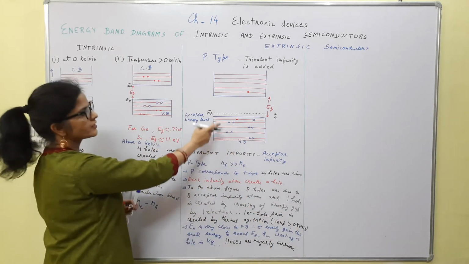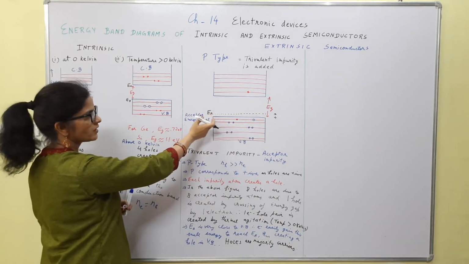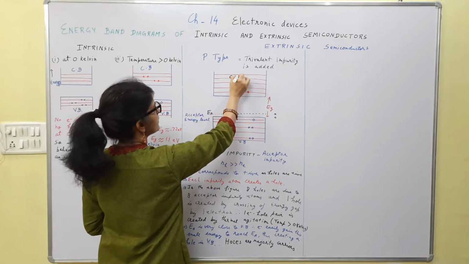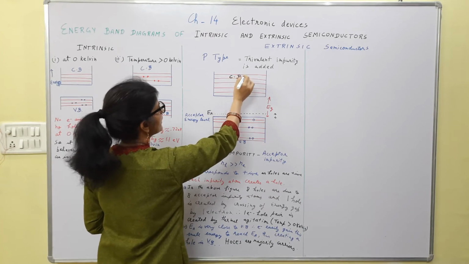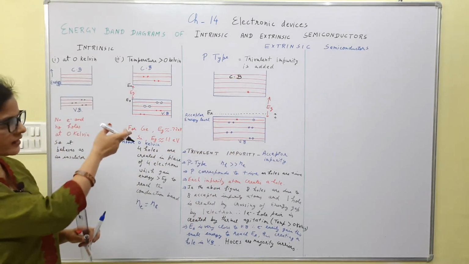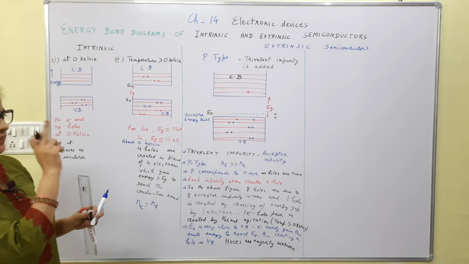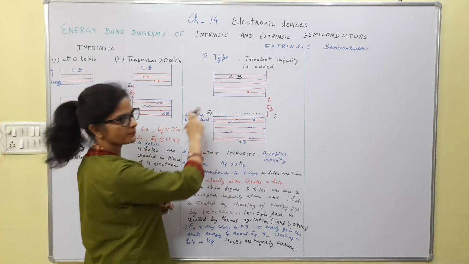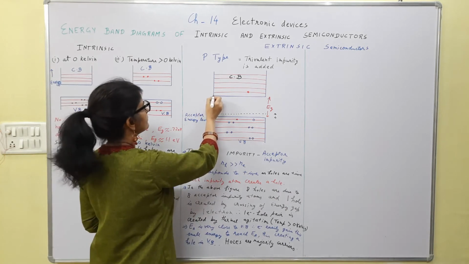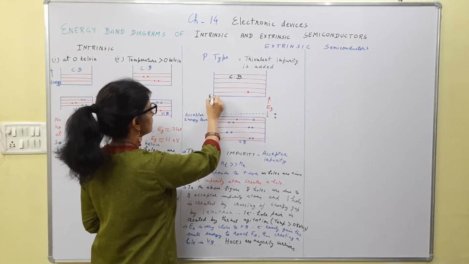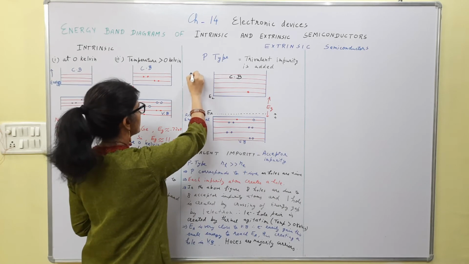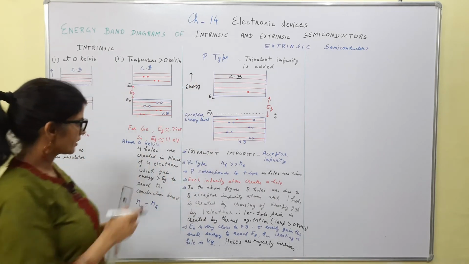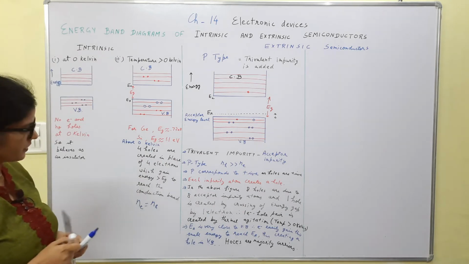Because the number of holes is easily created because this acceptor energy level is very close to the valence band, while in the conduction band only a few electrons, like in this case only one electron is there in the conduction band, because the energy gap is comparatively larger than the acceptor level energy. And here we know that the energies are increasing this way. So this was about p-type semiconductor.